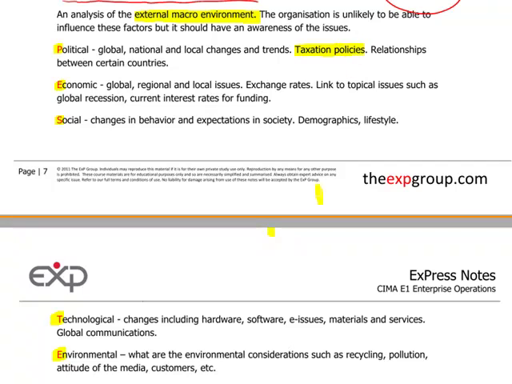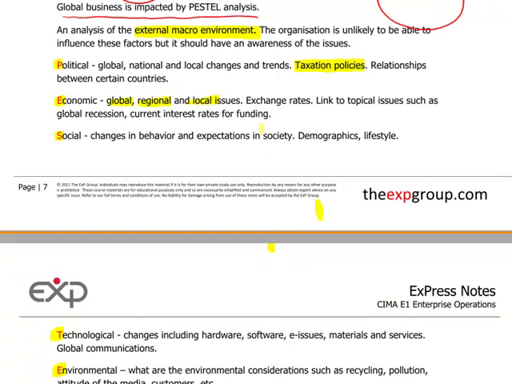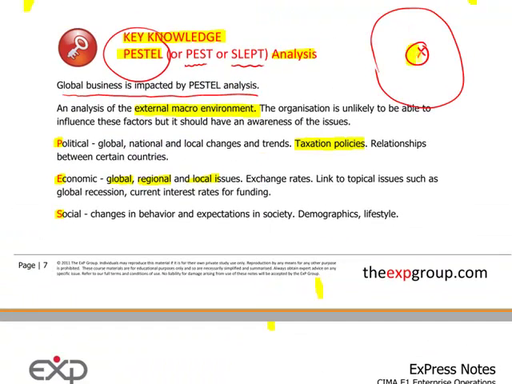What about relationships between various countries as well? Again, we've got economic, which could also be at a global, regional and local level. And economic issues would be things such as recession, exchange rates. All of these things will have an impact on the organization. So remember here, we're looking at an organization, and then Pestel is all the external items that can impact on it.